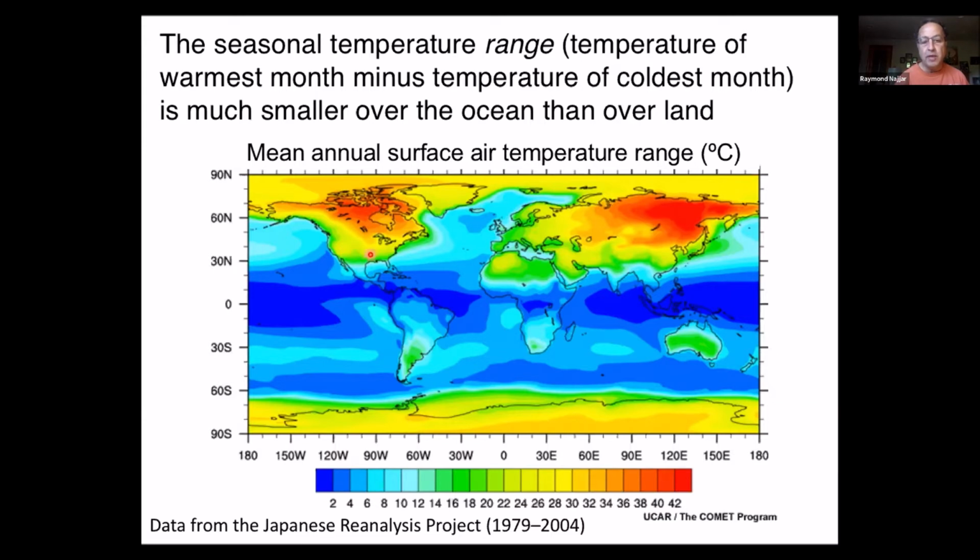We see similar things in the central part of the United States and Canada, and even in the southern hemisphere, Australia has a bigger range than over the ocean. So the ocean has this moderating effect seasonally on climate. These maritime climates are much more moderate than continental climates. So that's one effect.